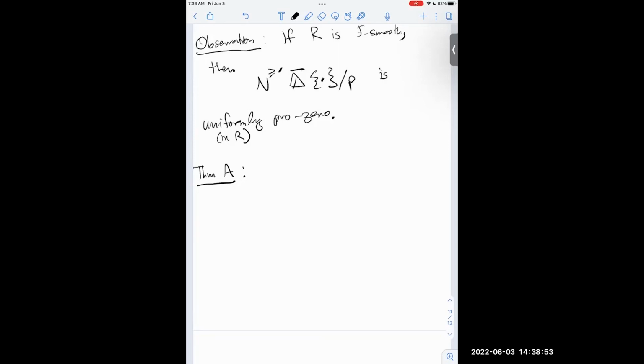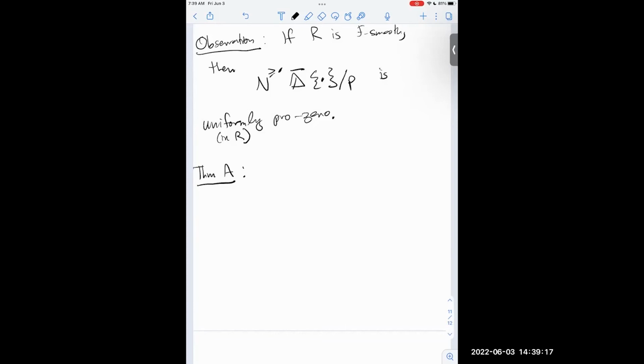Sorry, there's another question from Bhargav. Just a moment. Okay, so this uniformly pro-0, is it for the full complex, or just in some cohomology degree relative to some dot?